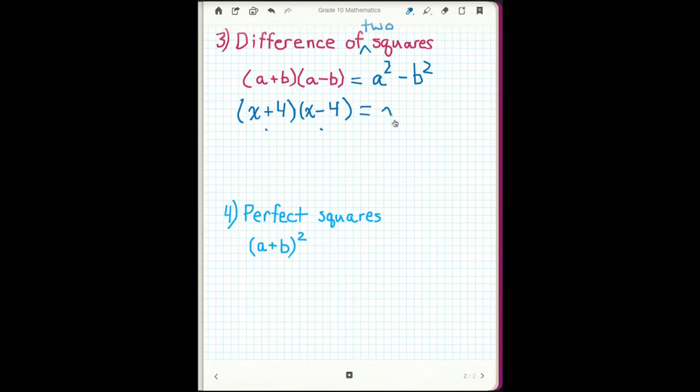That's just going to be x squared, square the first term, and then minus 4 squared. 4 squared is 16. So x squared minus 16. If you want to see where that comes from, we took x and squared it, and then we subtracted 4 and squared it to get x squared minus 16.